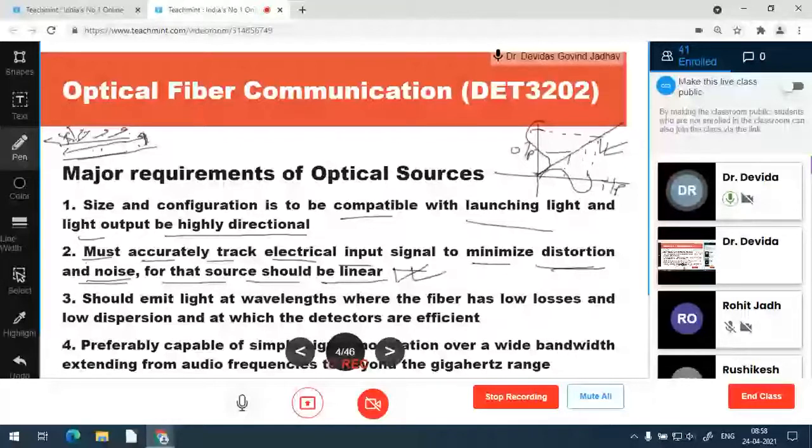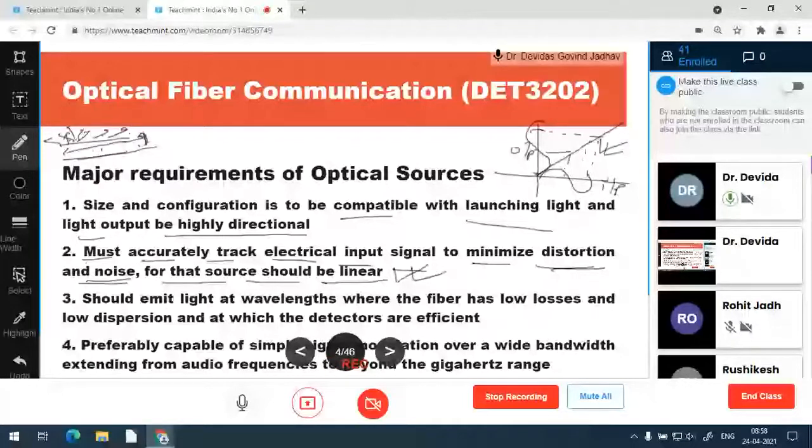Input is electrical energy to the source. The source is a transducer. It converts electrical energy into optical energy. Similarly, the detector will be a transducer which converts optical energy to electrical energy.